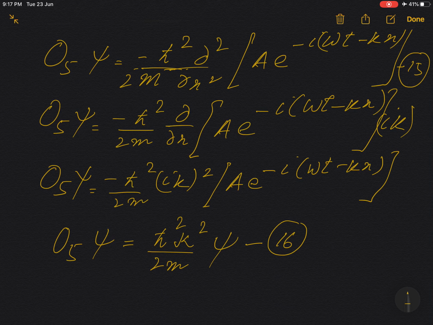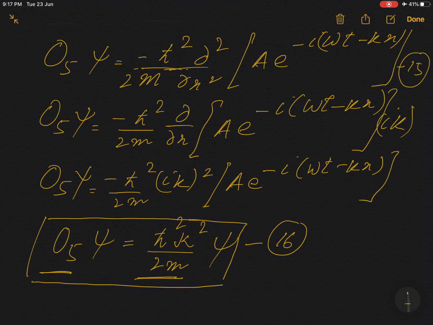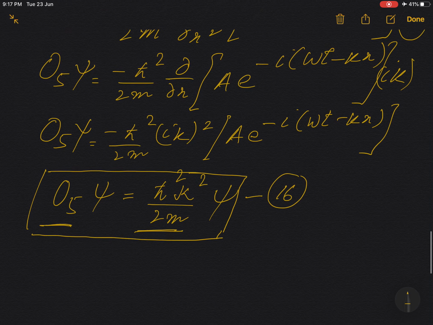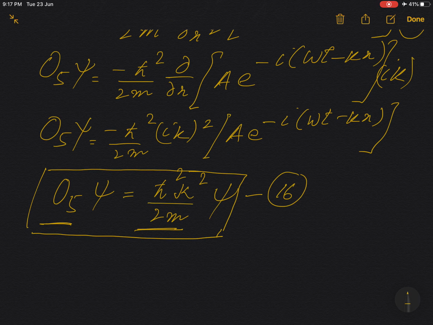Again, you can see this is the eigenvalue, this is an operator, and this complete thing is the eigenvalue equation. It is very clear that though psi remains the same, when the operator changes, this value changes. Truly speaking, this is the kinetic energy of a subatomic particle, and hence we come to know this is nothing but the kinetic energy operator.